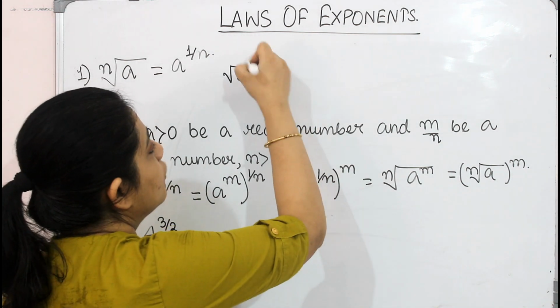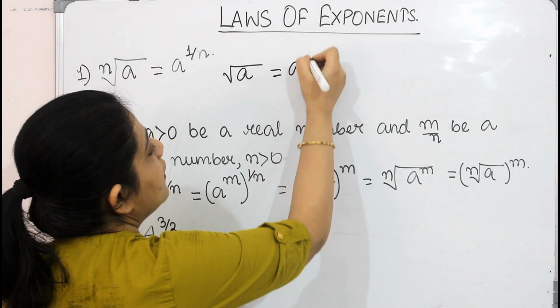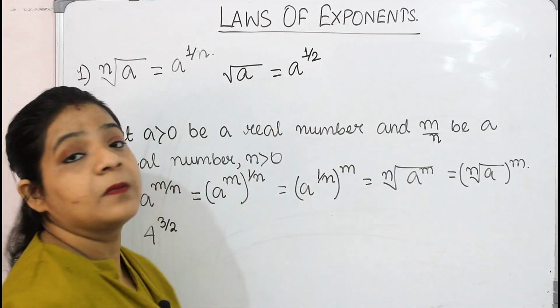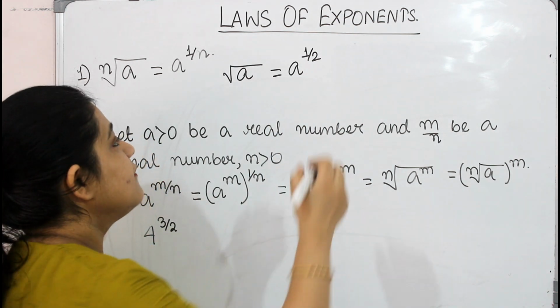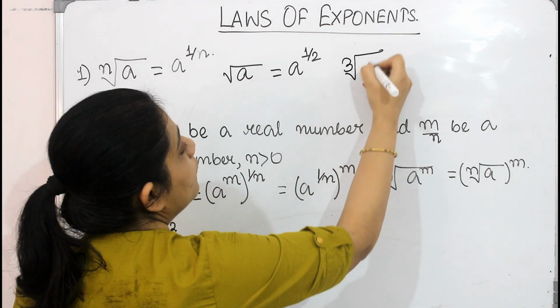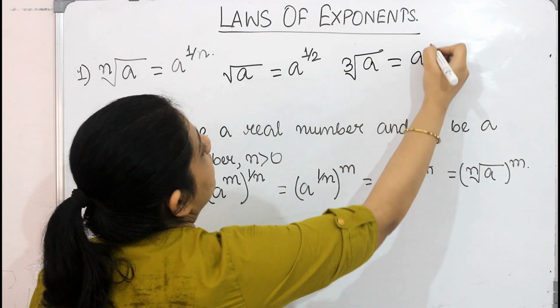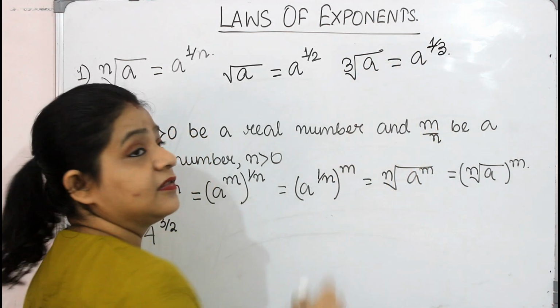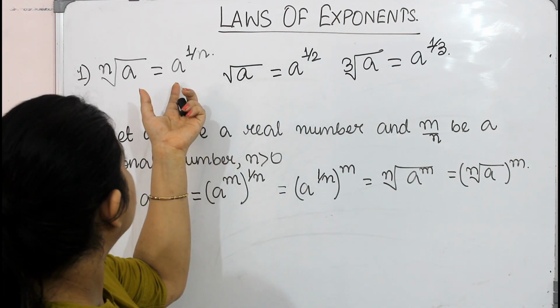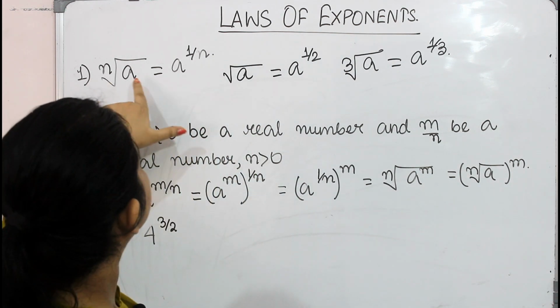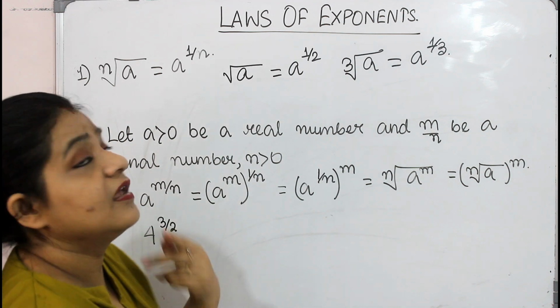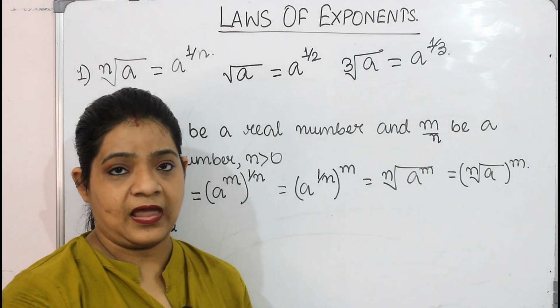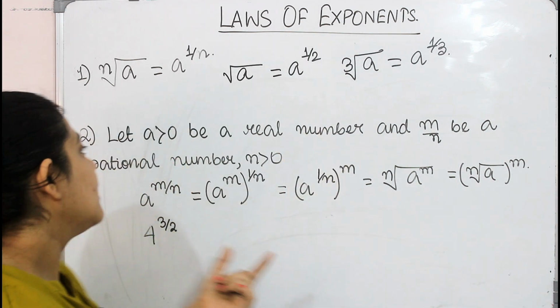You can remove the root and write it as a to the power of 1 by 2. Or if I write cube root of a, it can be written as a to the power of 1 by 3. Similarly here, nth root of a is written as a to the power of 1 by n. Okay, so this is one type.